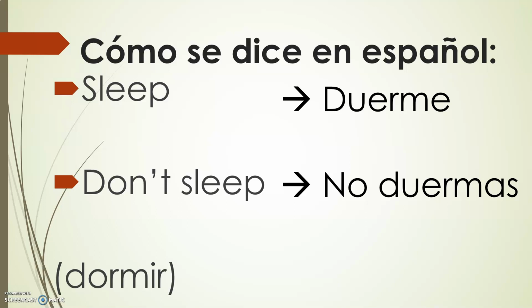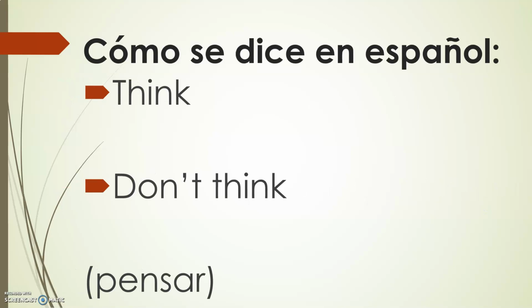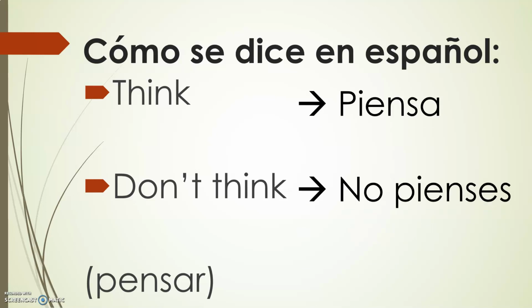You've probably heard me say both of those things in class. ¿Cómo se dice en español think and don't think? The verb is pensar, and it's another stem changer. The positive form is piensa, and the negative form is no pienses.